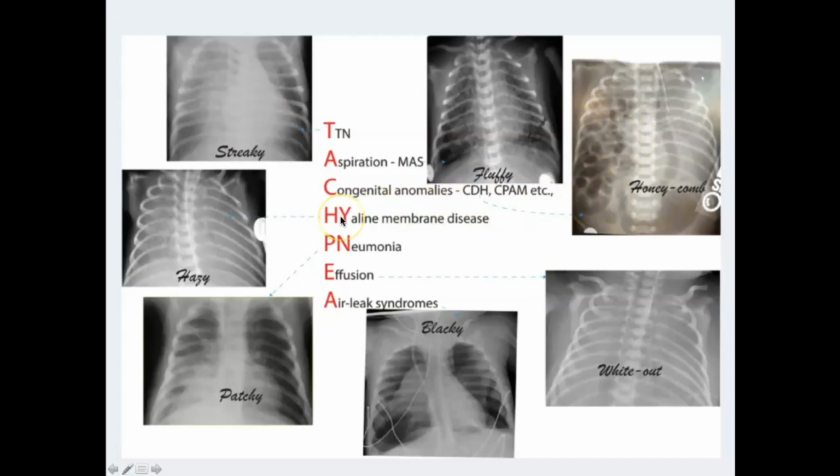Hyaline membrane disease or respiratory distress syndrome looks more hazy. Then pneumonia is more patchy, and effusion is total whiteout. And then the air leak syndromes causes more of the blackening areas. That's not something you have to remember or know how a newborn's lungs look on x-ray. It's just more for a reference so you could see the different disease processes and how they may look.